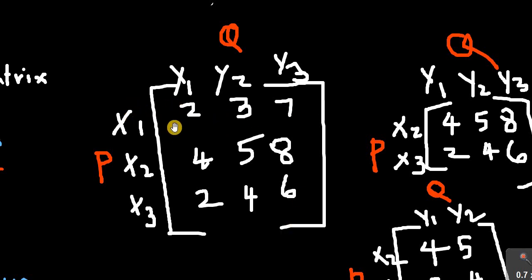The strategy values here for the first are 3, 2, 7, and the second one is 4, 5, 8, and the third one is 2, 4, 6. Now compare the first strategy and second strategy.